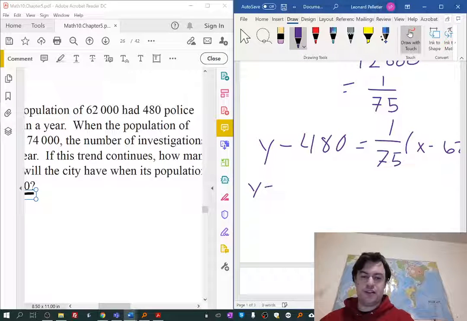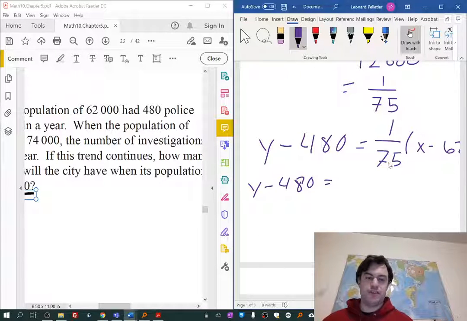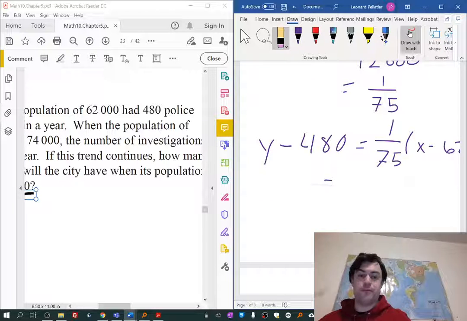So this side hasn't changed much, but I'll multiply through by 1 over 75. Actually, maybe I should just multiply both sides by 75. That would make sense. Let's cancel this guy out.